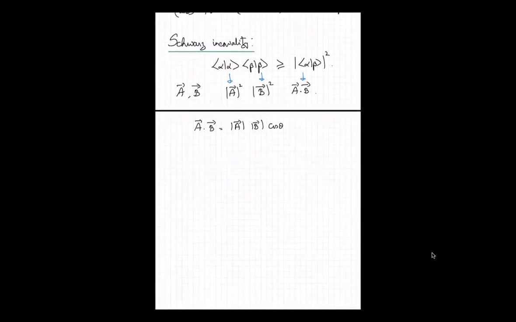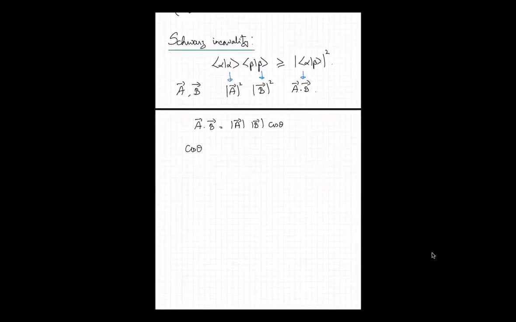Now I can rewrite this relationship as cosine theta equals A dot B divided by the product of the lengths. Or cosine square theta equals A dot B whole square divided by the product of the squared lengths.